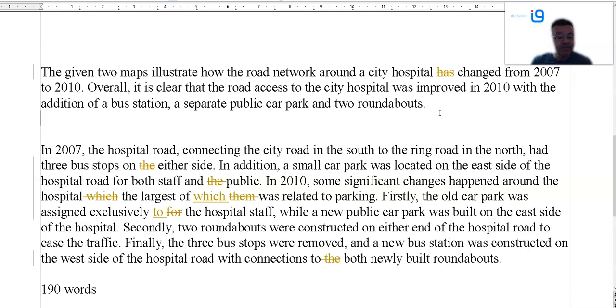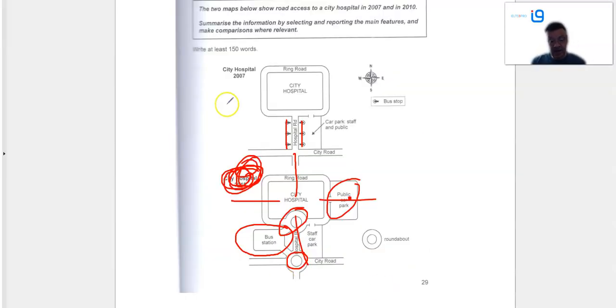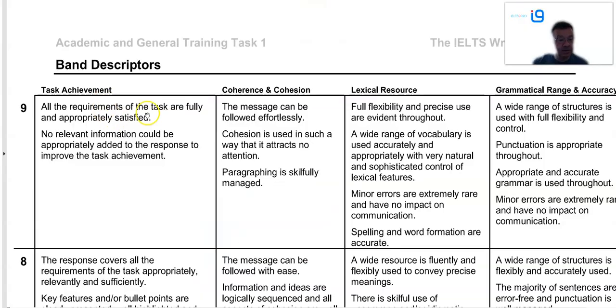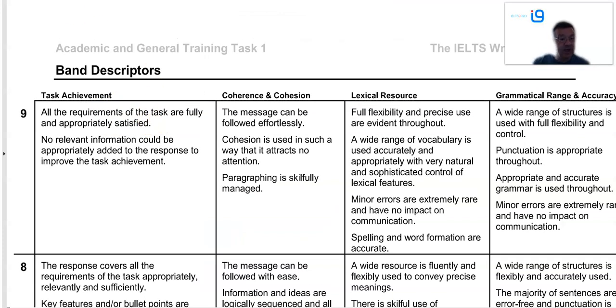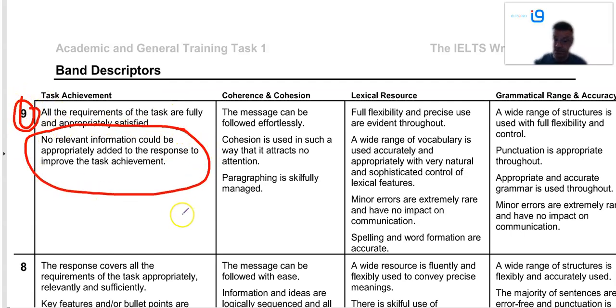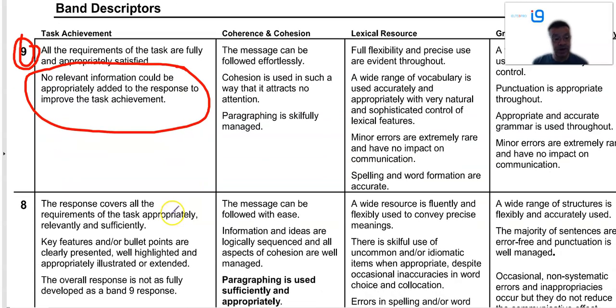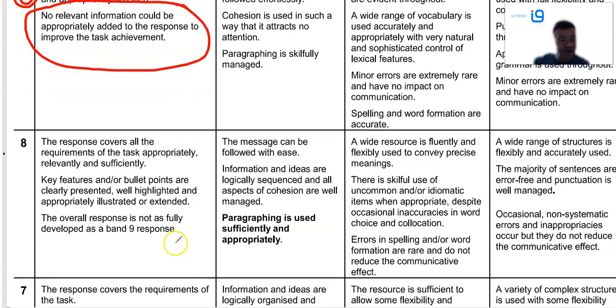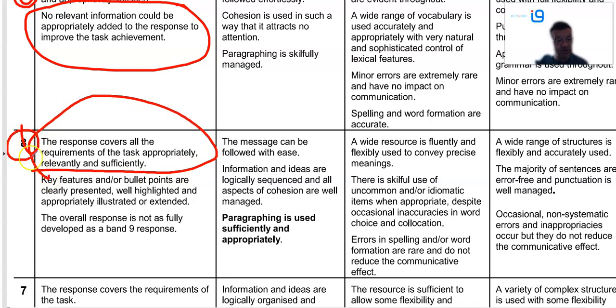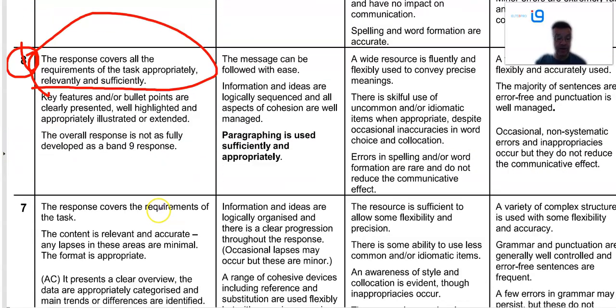Okay, don't forget, no relevant information. So the more information that you can get in there, the higher your task response score is going to be. Yeah.